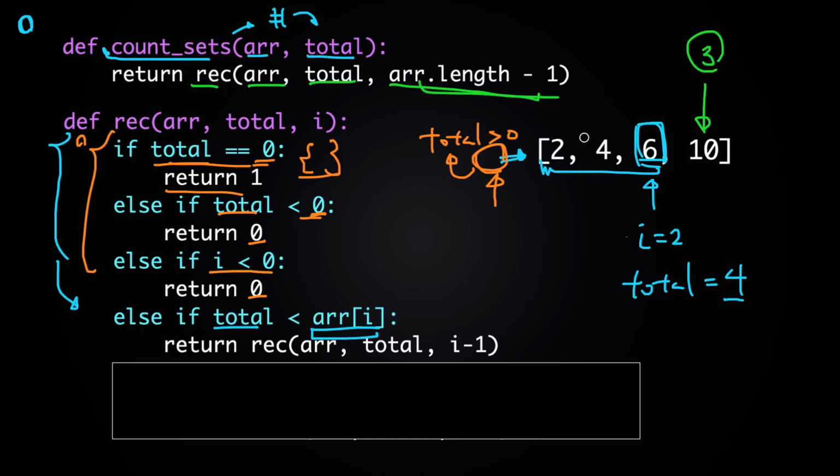So that means the number of subsets that add up to the total amount out of these three elements is equivalent to the number of subsets that add up to the total amount out of these two elements instead.